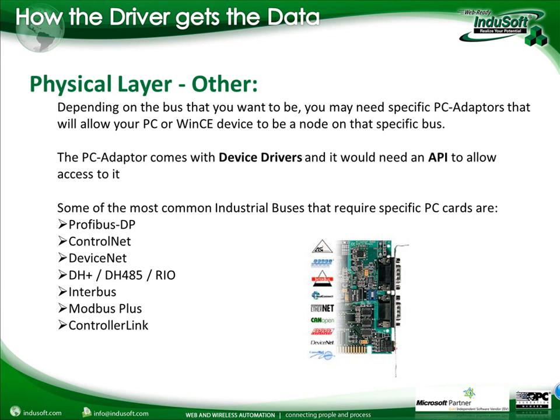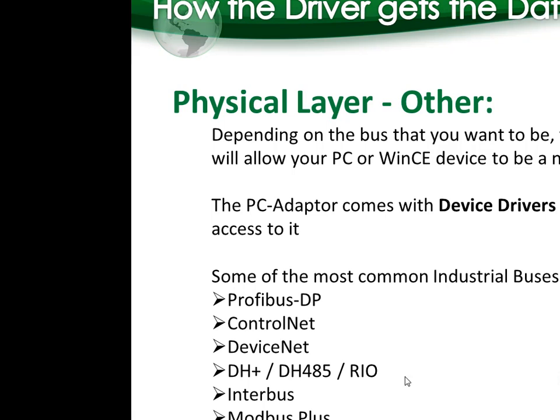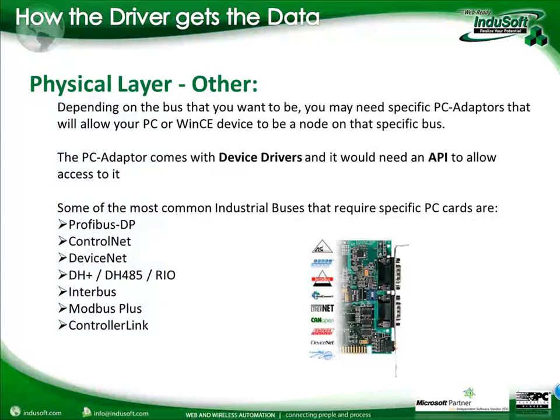That's what you need when you want your PC communicating, for example, through Profibus, ControlNet, Interbus, CAN, the very well-known Allen-Bradley DH Plus, an old network from Allen-Bradley, but still out there because there are still a lot of PLC-5s and SLC 500s that speak DH Plus, DH 485, and Modbus Plus with Modicon, Controller Link with Omron.